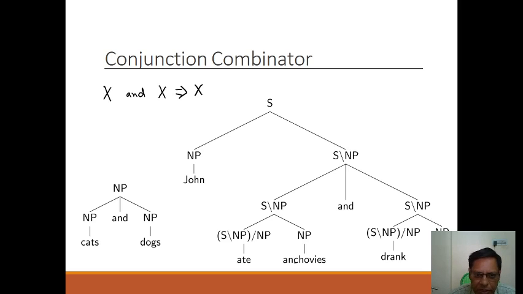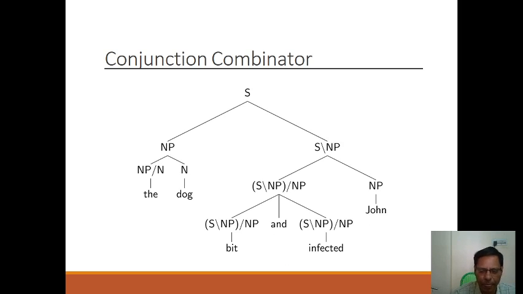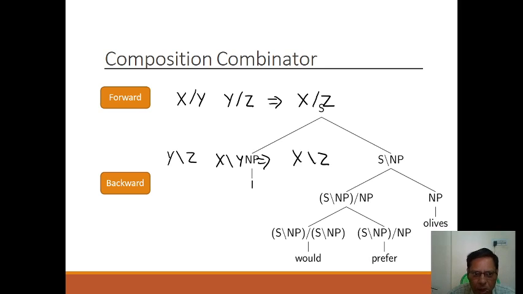Here one more statement is John ate eggs and drank beer. The statement is dividing like this, noun phrase and noun phrase and noun phrase. Here also the statement is the same, with a different statement.